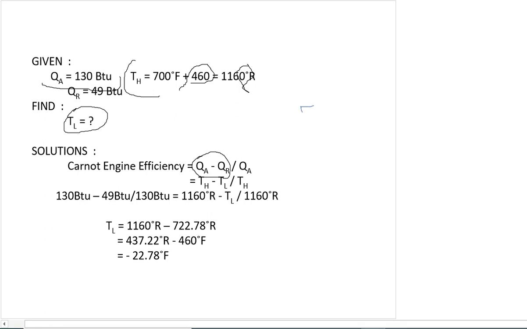Efficiency is equal to T high minus T low over T high. Ito mayroon po to, check. Ito given din po, check. Unknown, wala to. Efficiency, wala po tayo, pero isusolve natin yung efficiency.